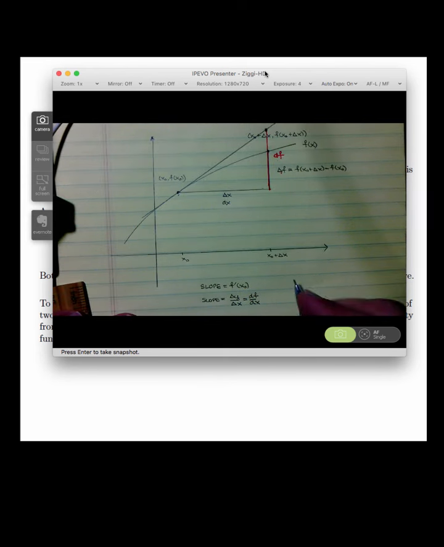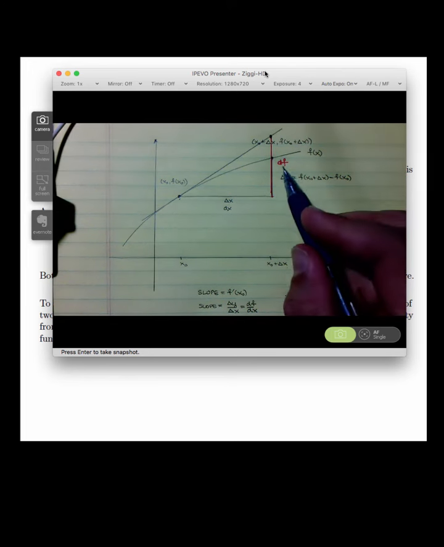From these two, it then follows that f prime of x naught is equal to df over dx, or that df is equal to f prime of x naught times dx.